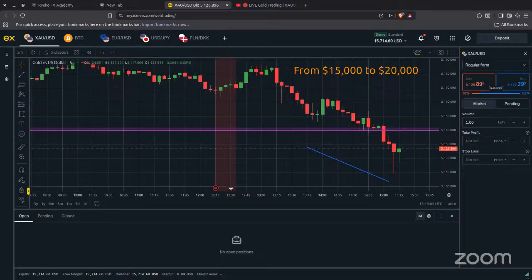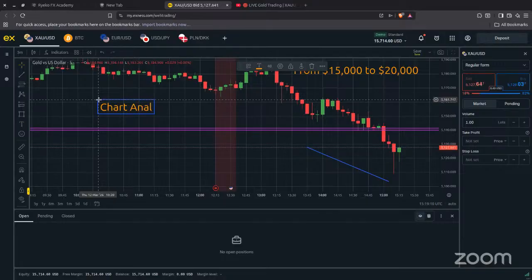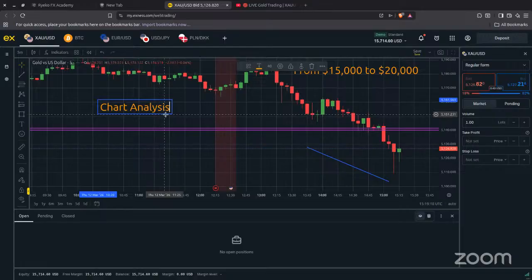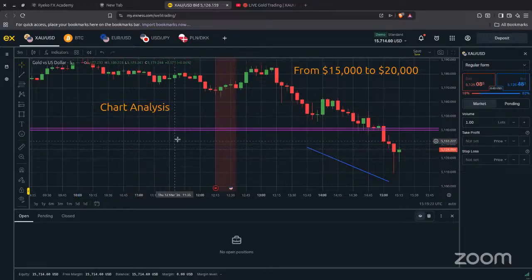It's just going to be chart analysis. So it's beginning to go towards an uptrend, but yeah, we will continue with our streams.